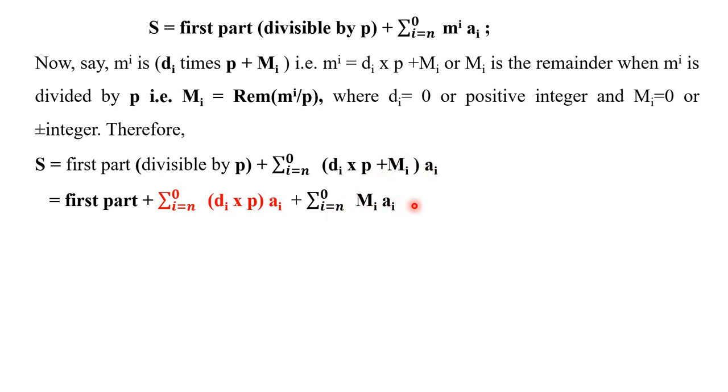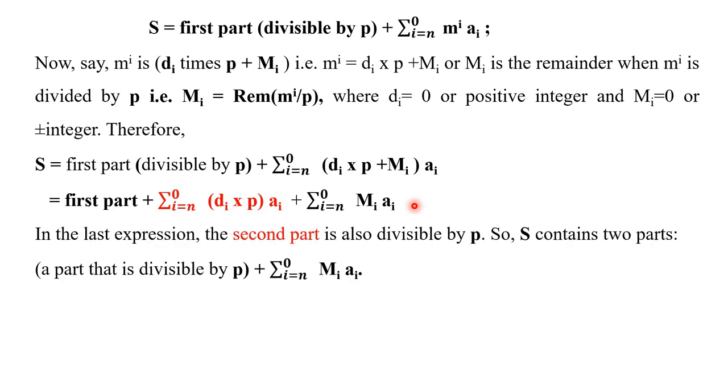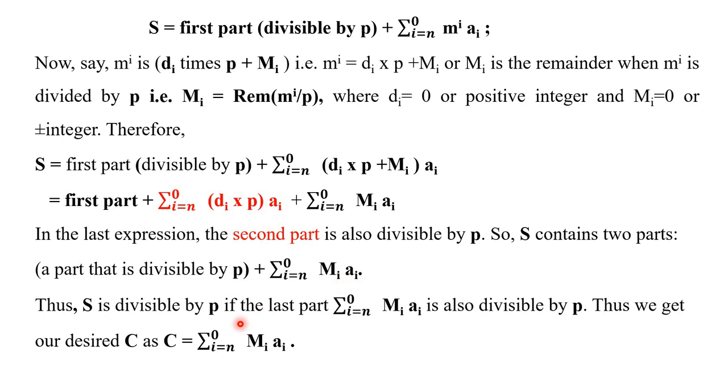So now I think we are a bit excited to see that the second part of this summation, this red color, contains p, right? And whatever the d_i and a_i values are, it contains p, so it is divisible by p. So the second part is also divisible by p, and the remaining part is also divisible. So what we get finally is that the first part and the second part are both divisible by p.